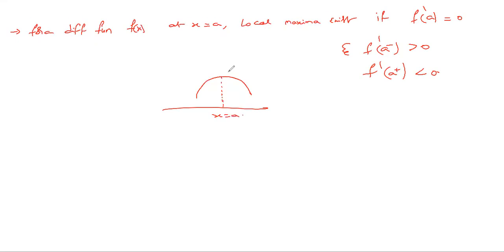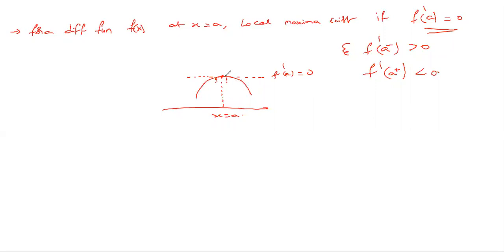Then clearly you can see the tangent drawn at x is equal to a should be parallel to the x-axis. Its slope will be 0. That means f dash of a should be 0. And moreover, f dash of a minus and f dash of a plus. You can observe the function up to a is first increasing, after that it is decreasing.